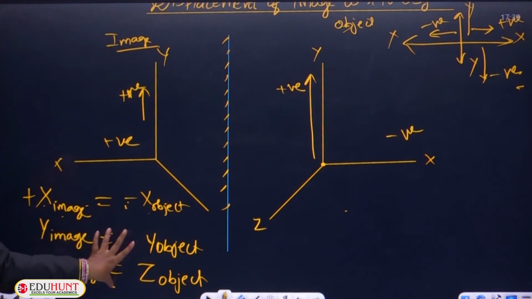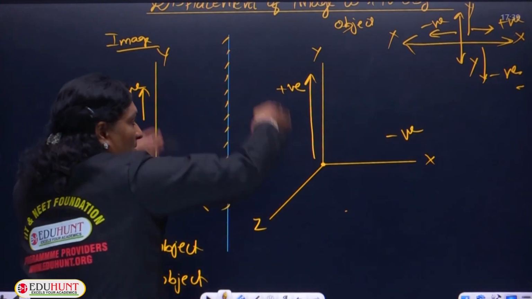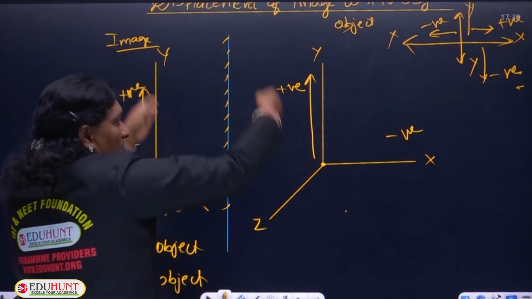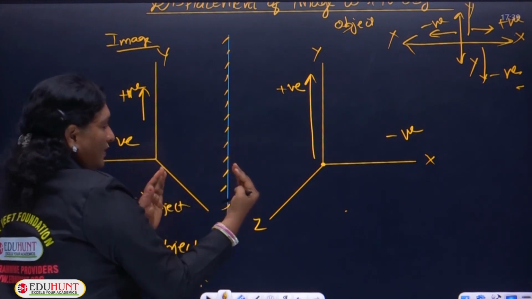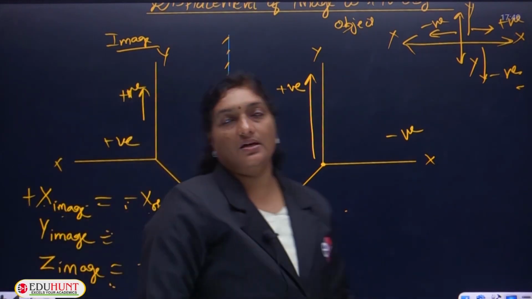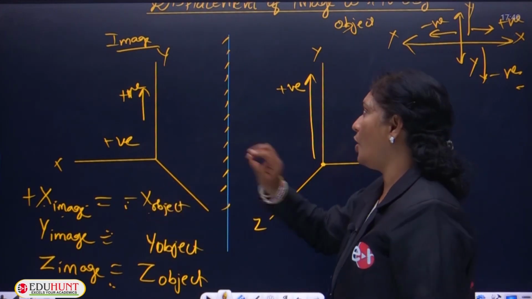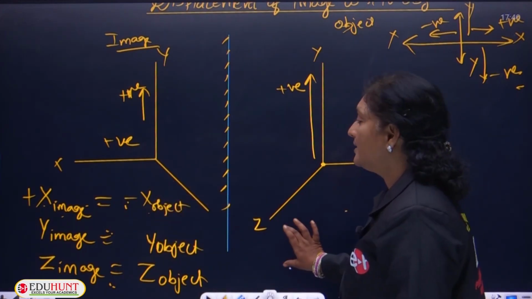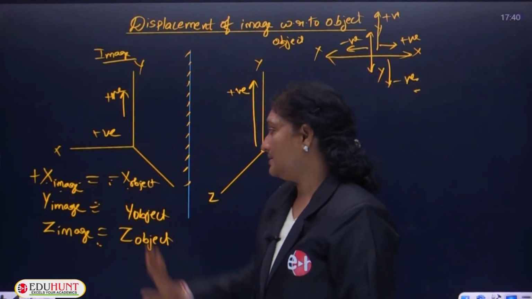Whereas whenever the object moves parallel to the plane of the mirror, that is up and down or forward and backward, the direction also remains the same. So this is our observation regarding the displacement of the image with respect to the object.